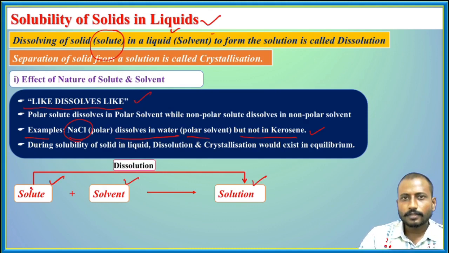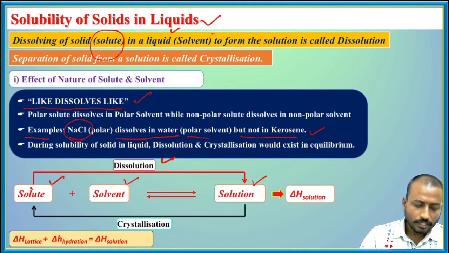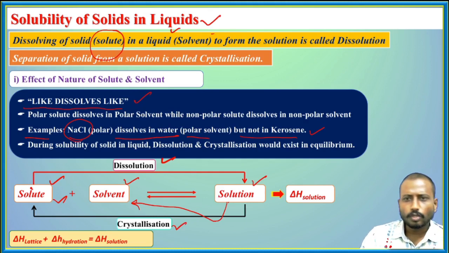Mixing of solute and solvent to form a liquid solution is called dissolution. Then what is the opposite process? The solution separating into solvent and solute is called crystallization. Both dissolution and crystallization are present in equilibrium when a solid dissolves into a liquid.